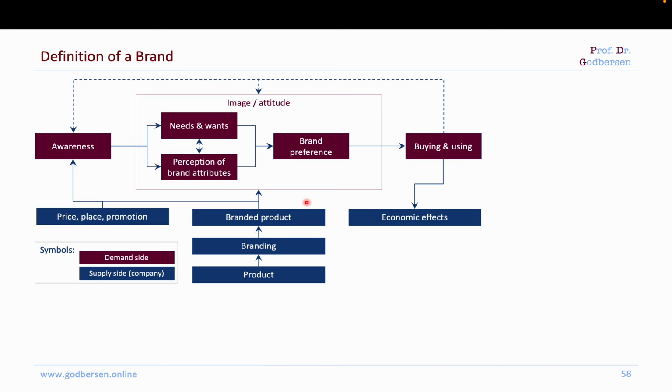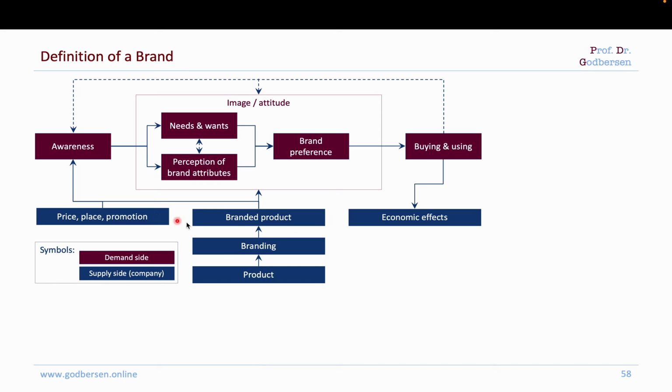So if you want to build a brand, what you need to have is a product. You put some lovely symbol name on this, so branding, then you have a branded product. Alongside the branded product, you throw the rest of the marketing mix, price, place, promotion, into the market.